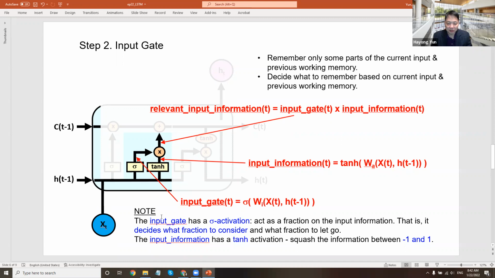So the sigma input gate has this sigma activation like the forget gate, and decides what fraction to consider from the parameters h and x. And the input information has a tanh function, which squashes between -1 and 1. The resulting relevant input information could range from -1 to 1 or smaller, shrinking down to 0. So that's what the input gate does.